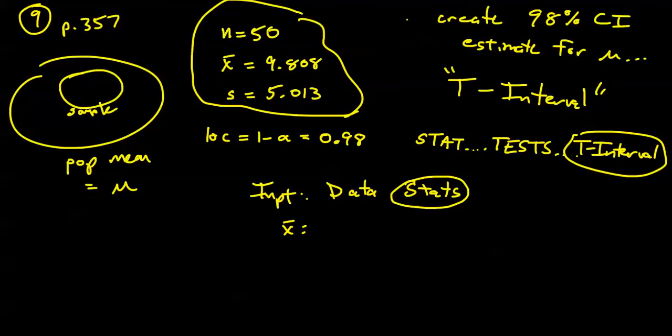Alright, so my sample mean, well, we know that's 9.808, so go ahead and enter that in. Sx, cap Sx, remember that is our TI jargon for sample standard deviation, 5.013. Our sample size was of course 50, so I'll enter that in.